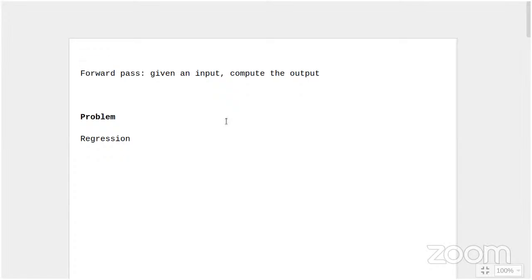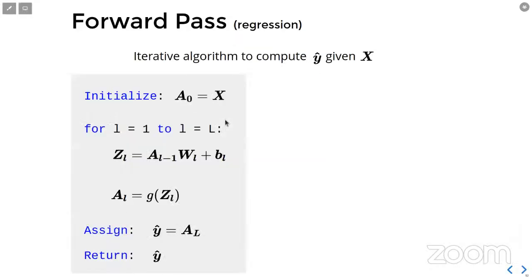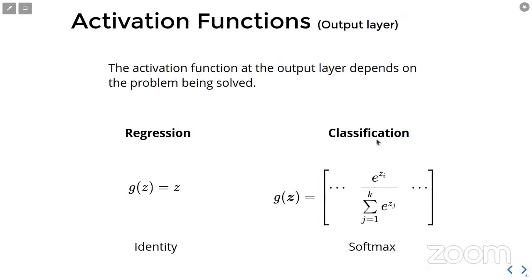But if it is binary, it becomes quite clear, right? You have only one node in the output layer. We discussed this the other day. You have only one node for classification, and that is a sigmoid. So sigmoid activation works.